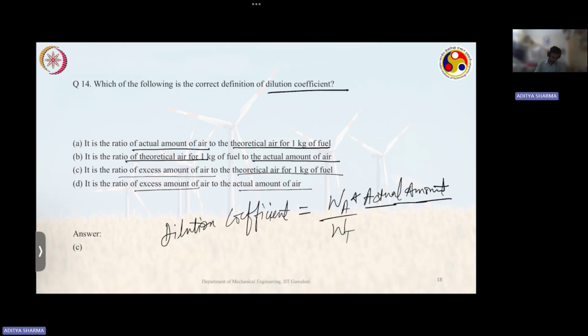So I believe this should have been A option, theoretical. Okay, question number 14.